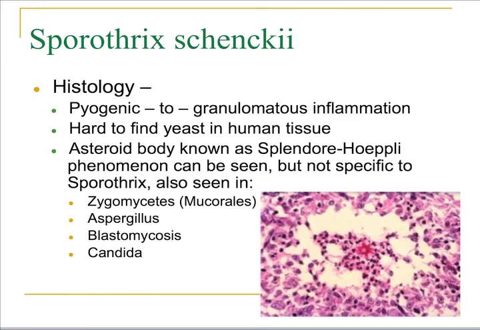This is not specific just to Sporothrix. It can also be seen in other fungal infections such as the zygomycetes, Aspergillus, Blastomycosis in Canada, but is commonly associated with Sporothrix. This is an antigen-antibody phenomenon which you can see in tissue.